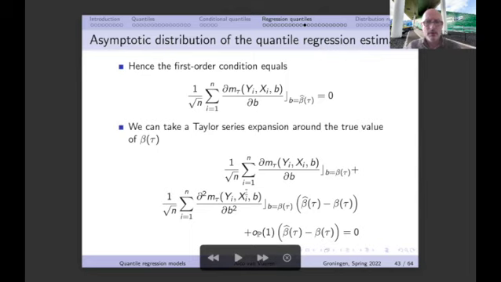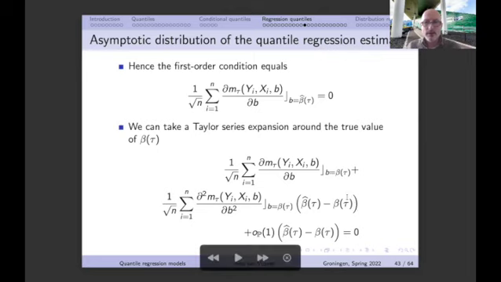Again, not evaluated in beta hat, but in beta tau. And then we multiply this by the difference between where we evaluate our function, beta hat, and where we approximate it, beta, so we get the difference between beta hat tau and beta tau.